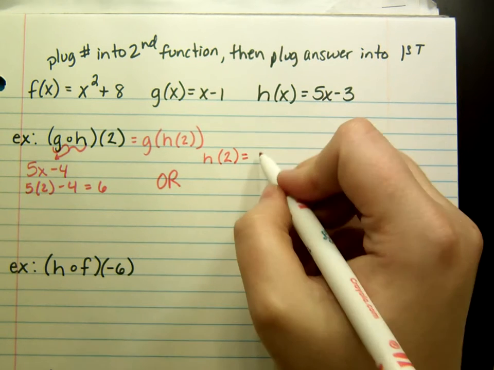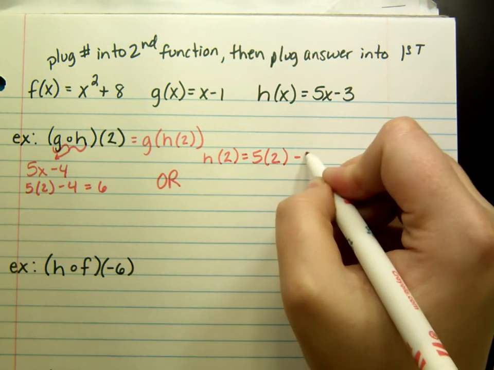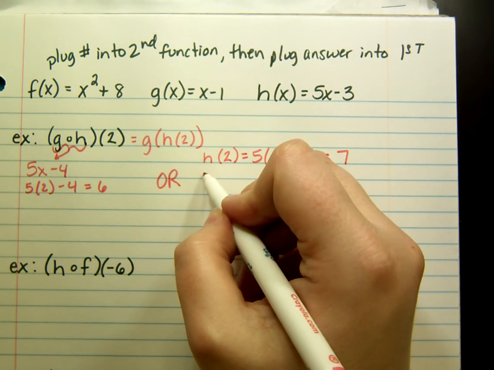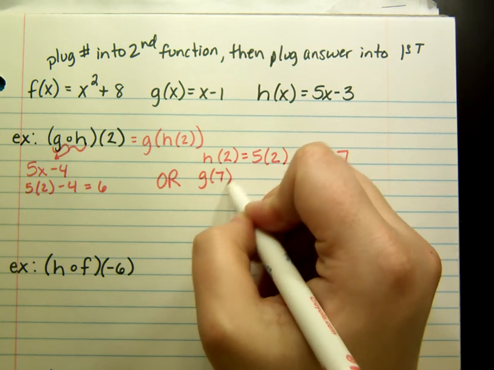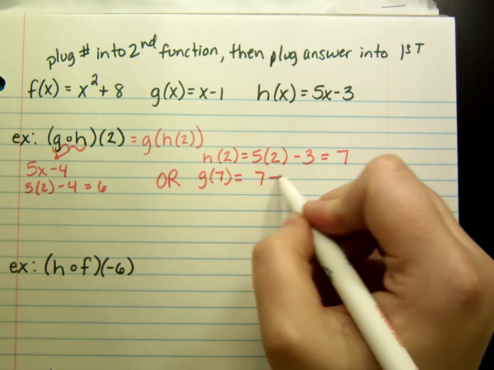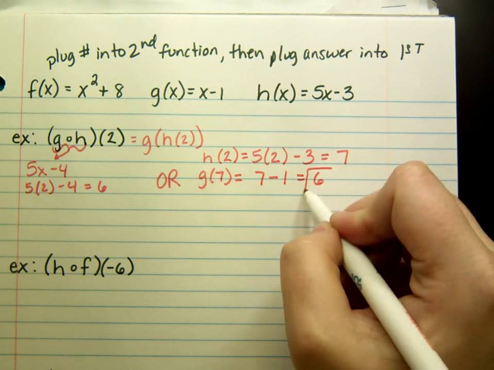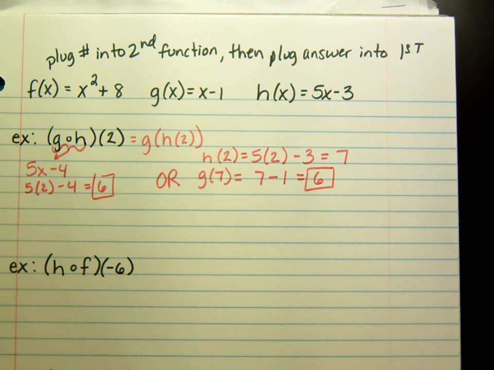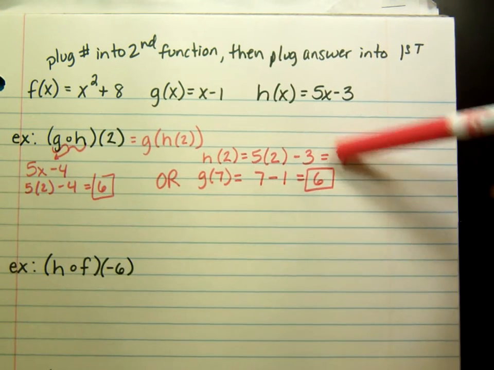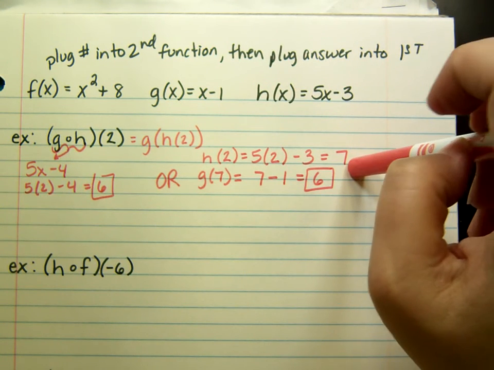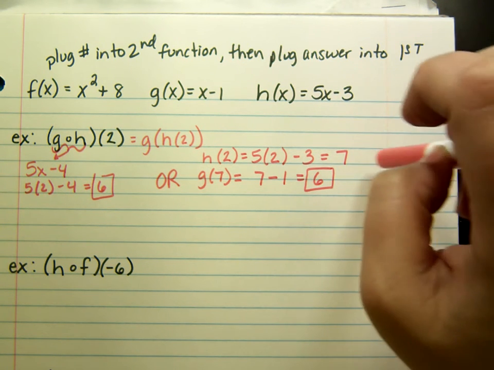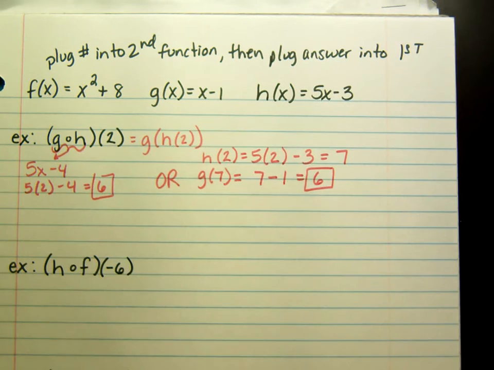So 5x minus 3 gives me 7. Then you take the 7 and plug that into g of x. 7 minus 1 gives me 6. I get the same answer either way. It's just a different way of working. This method can actually be a little bit faster if you have something really long and complicated that you are plugging into. So it's an alternative if you don't want to do the composition first.